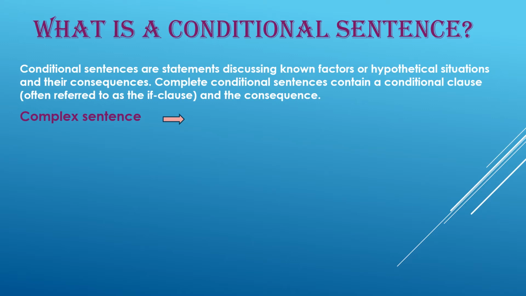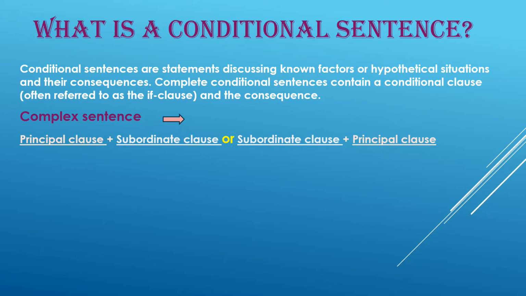We already know that complex sentences are made of two clauses. One is the principal clause and the other one is the subordinate clause. Either of the two may take place at the beginning of the sentence.